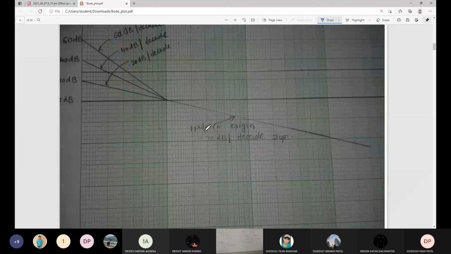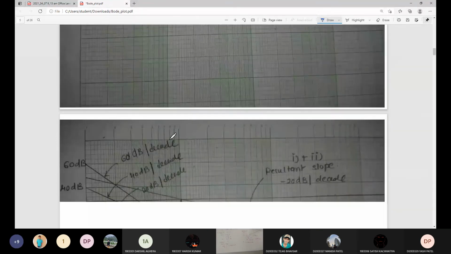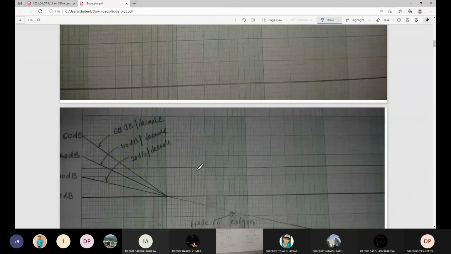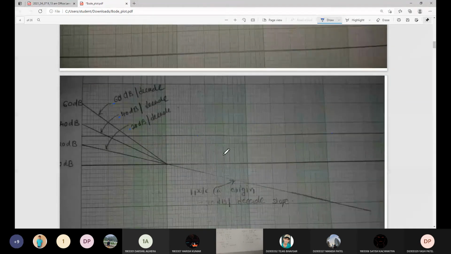Now we need to combine it. We have to combine the first factor and the second factor. That means we have to shift this point to this. So I will shift this point to this point. Now what is the slope of this line? What was the slope of the line for K? It was a straight line. What is the slope of a straight line? 0.